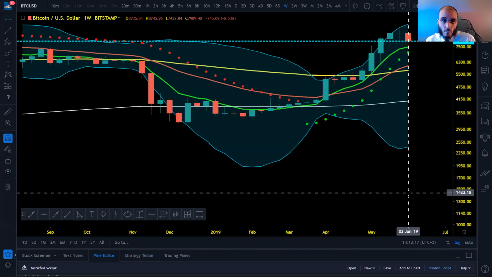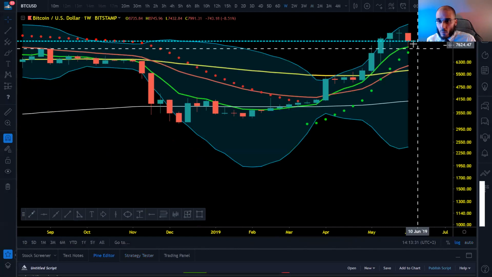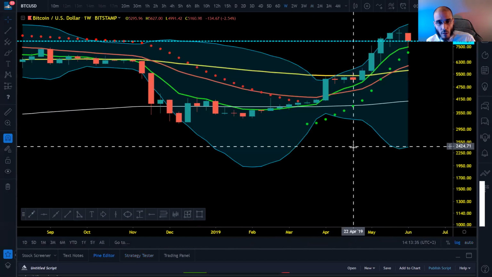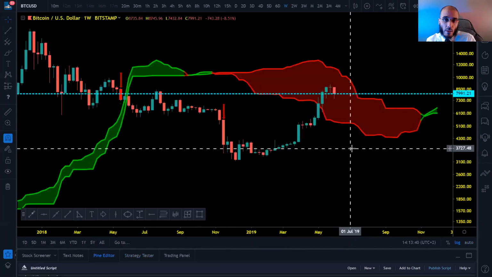Here we have Bollinger Band, stop in reverse, and so on, and MEMA, whatever that is. And it's bullish. We had resistance on that moving average or that line. I think it's a moving average, but who knows. Next indicator.